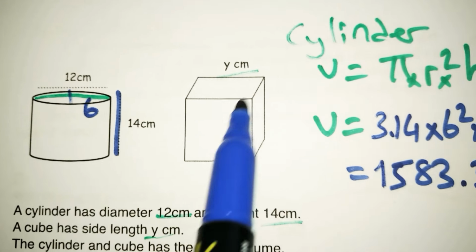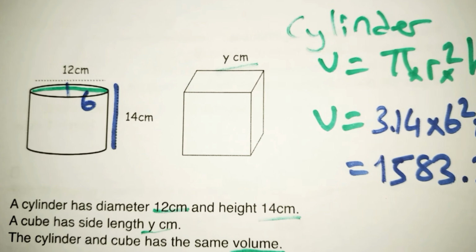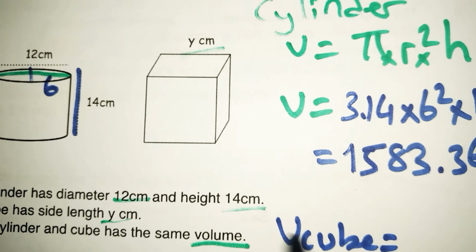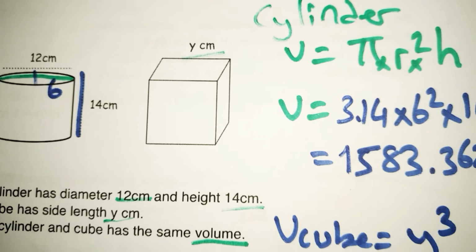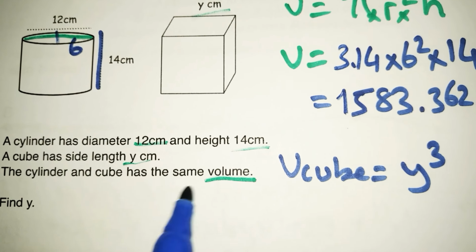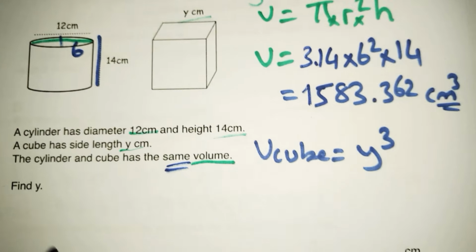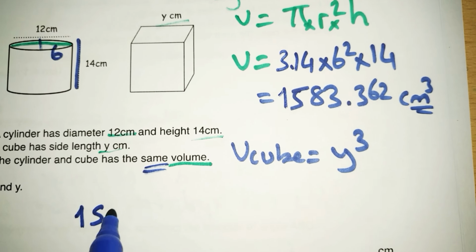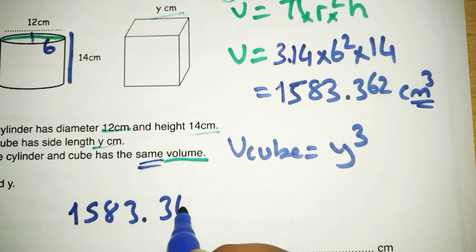So when you calculate the volume of the cube, remember, the volume of the cube is equal to the cube of one side, so y cubed. So as they have the same volume, you need to cube root this number. So you need to cube root 1583.62.